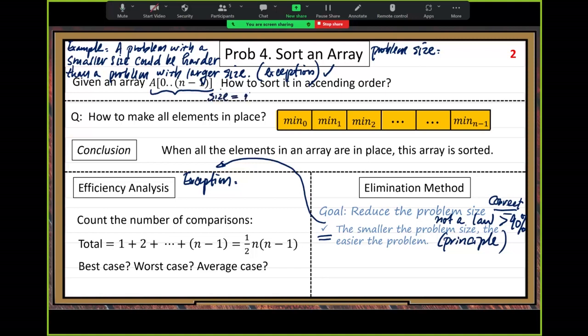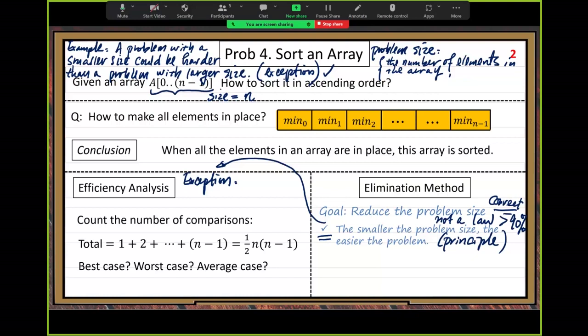The problem size is the number of elements in the array. Most of the time, that is our usual understanding. That's our first understanding of problem size.